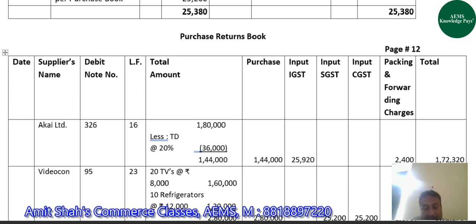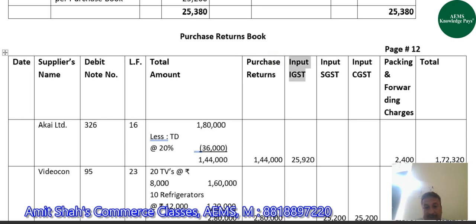If we are debiting our supplier not for payment, then whatsoever is the transaction, we will raise a debit note. If we are debiting our customer not for credit sale of goods to him, then also we will make a debit note. Am I clear? So here we will have debit note, and here purchase returns.